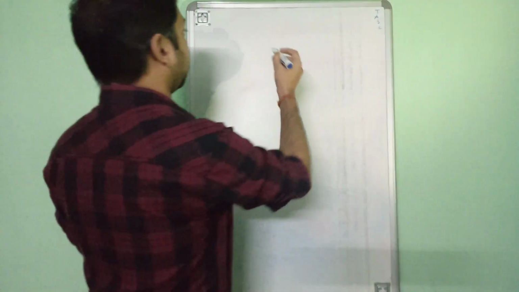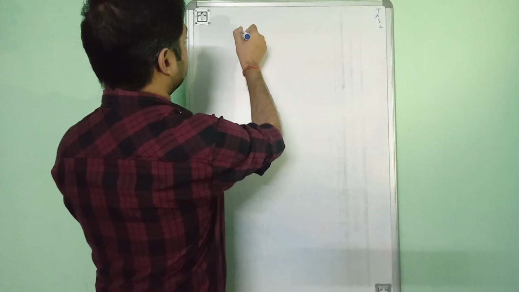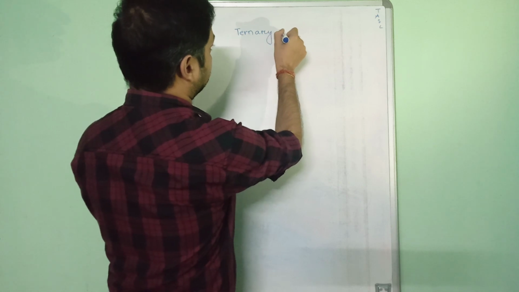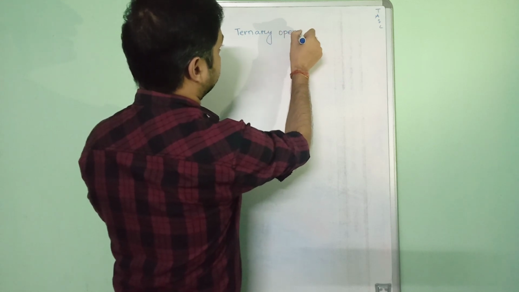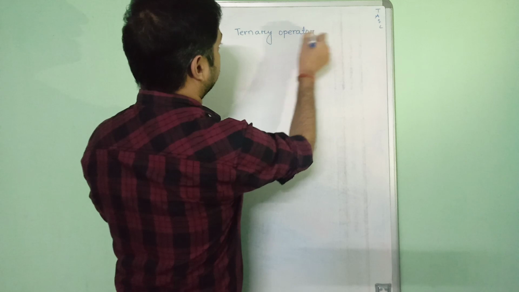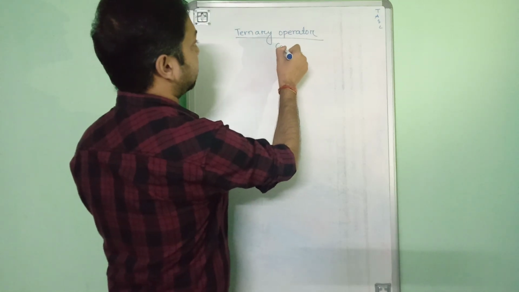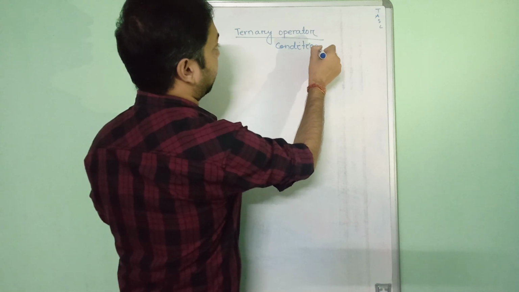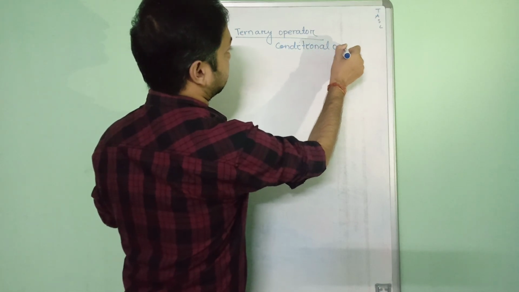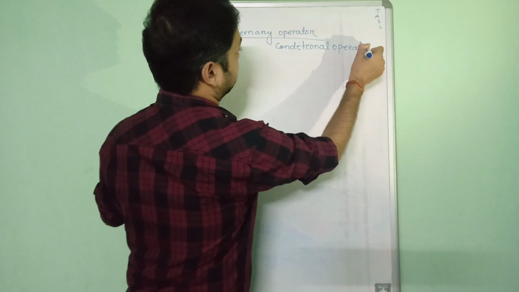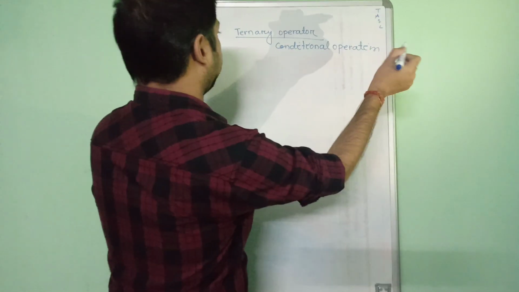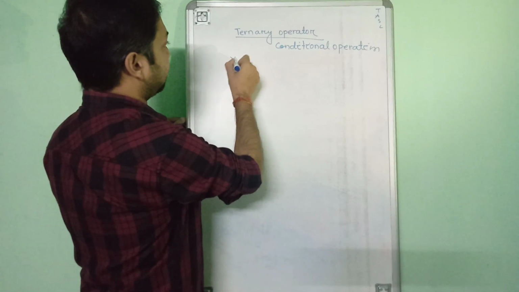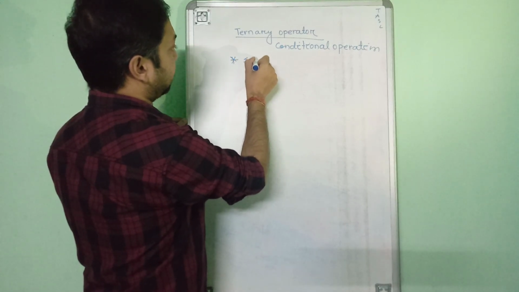The first one is ternary operator. And this operator is otherwise also known as your conditional operator. So whenever you are solving this type of problem based on ternary operator, one must remember that this is a substitute of if-else statement.